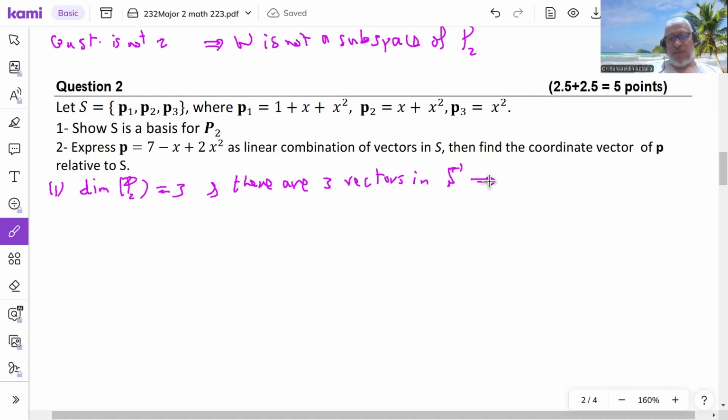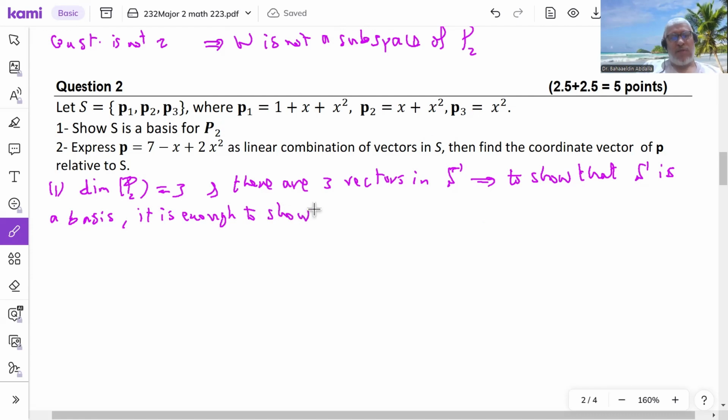And in this case, to show that S is a basis, it is enough to show that S is linearly independent.